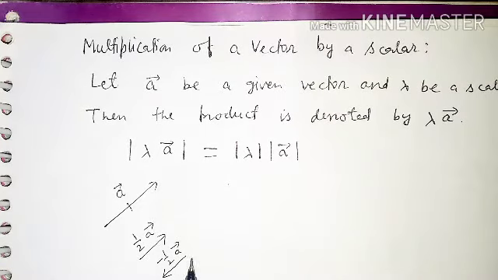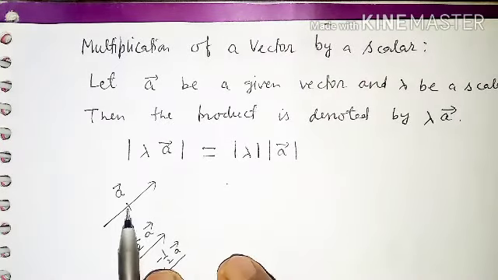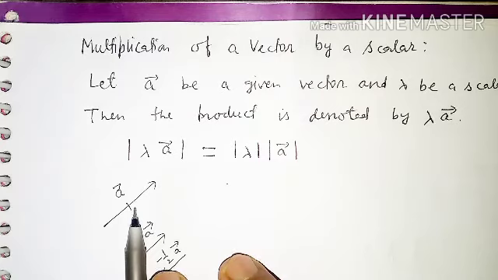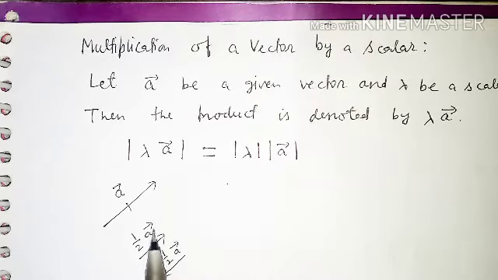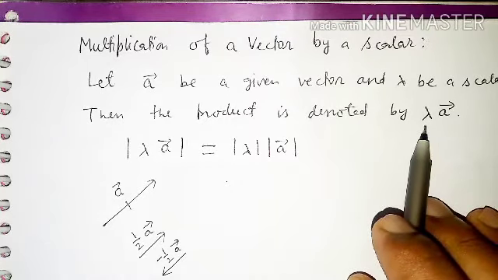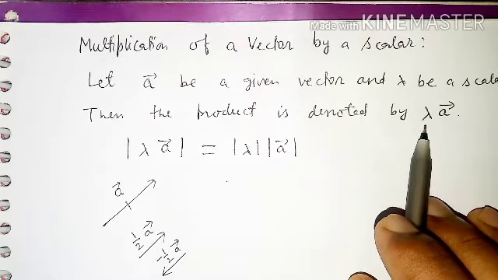So the product of a scalar with a vector gives us a collinear vector. If lambda is positive, then the direction is the same, but if lambda is negative, then direction is opposite to the given vector.